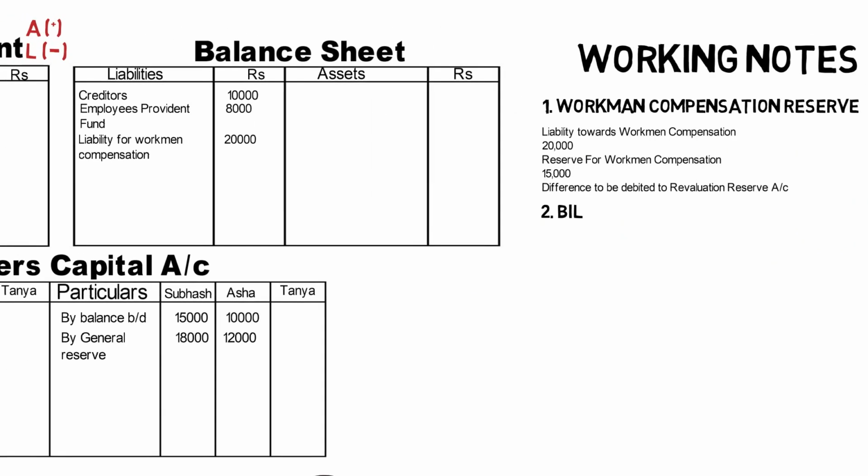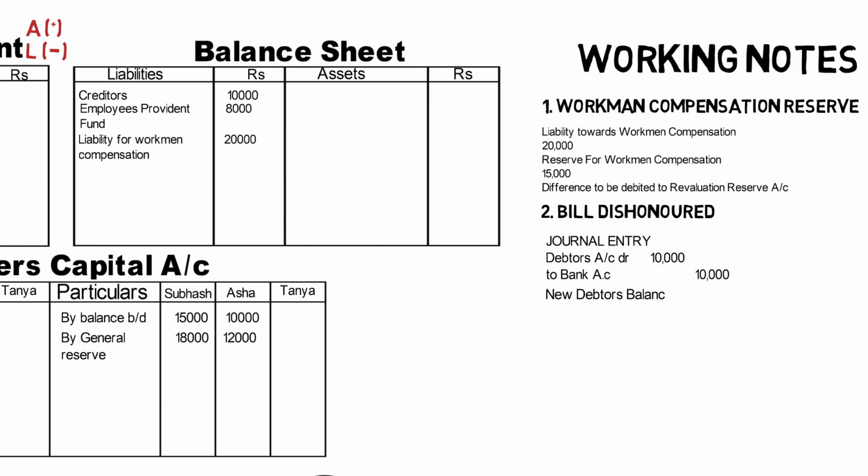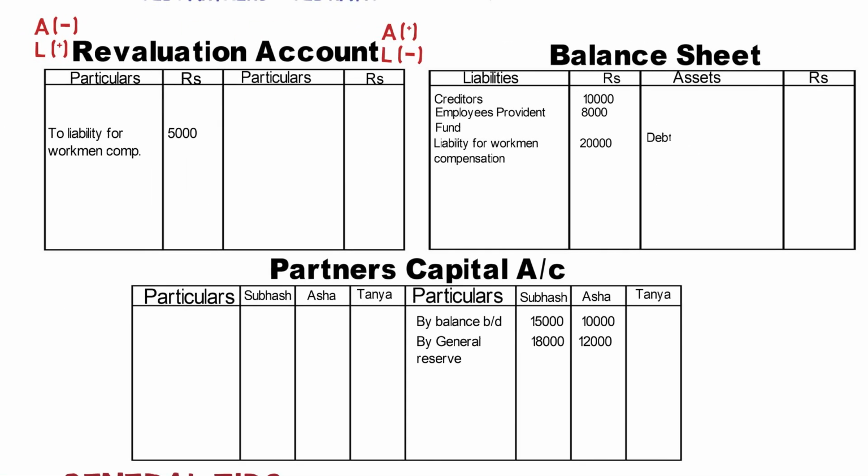The journal entry for the same will be: bills discounted with the bank and dishonored will decrease the value of the bank account and increase the debtors balance. So the value of debtors will come to Rs 22,000 plus 10,000, that is 32,000.